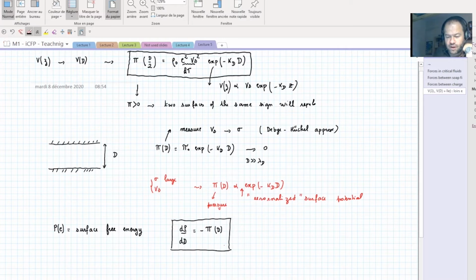That's an important relationship, which tells us that, since the electrostatic disjoining pressure is exponential, we will have at the end the free energy for the electrostatic term, which is of the shape, let's call that P0 exponential of minus kappa d.